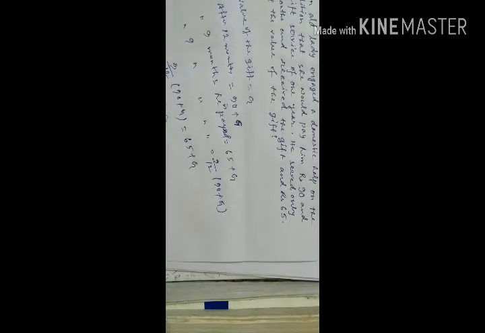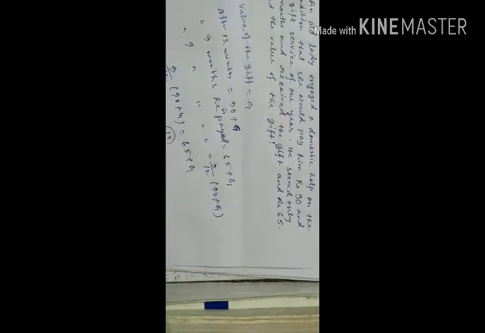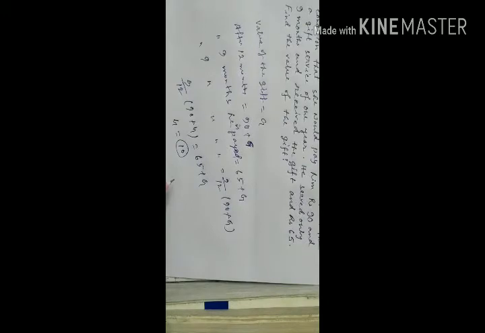This is also the 9 months salary, or 9 months compensation, for the domestic help, and this must be equal. That is, 9 by 12 into (90 plus g) equals 65 plus g, and from here we can easily get g equals 10. So this is the correct answer.